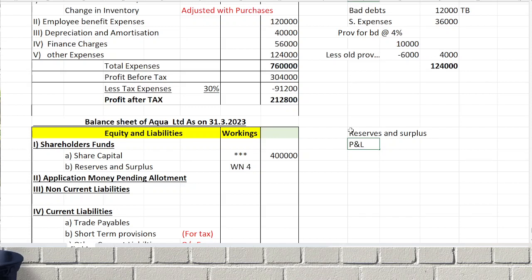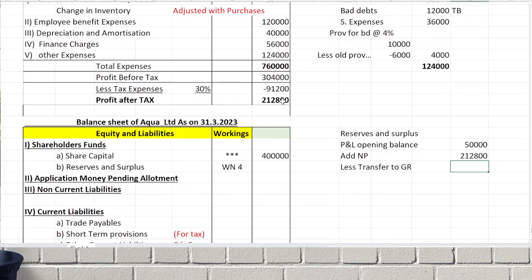Before that, the P&L account opening balance is 50,000, add the current year net profit, this one, less transfer to reserve. What is the transfer made to general reserve? 10% of what?